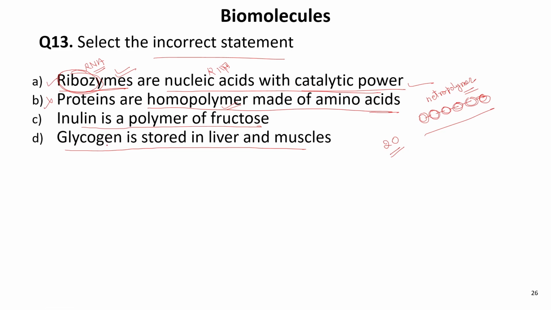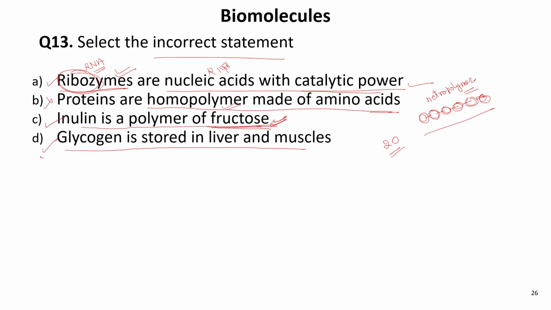But let us discuss the C and D options also. Inulin is a polymer of fructose. This is correct. Inulin is found in beetroot, and it is a polysaccharide made up of fructose. So this is also a correct statement. Glycogen is stored in liver and muscles.